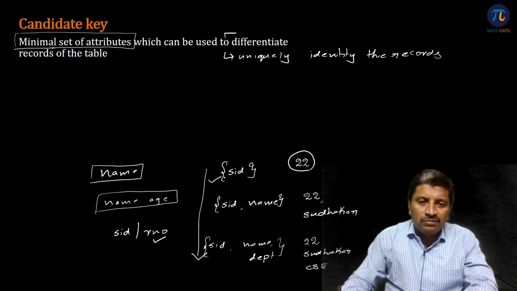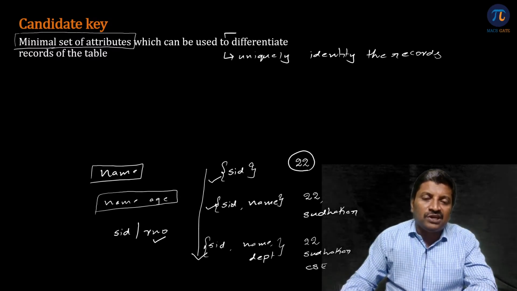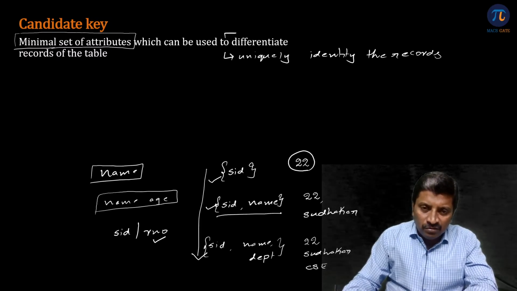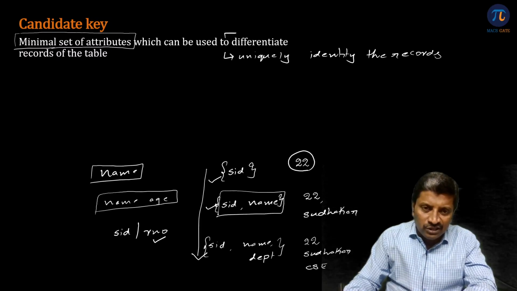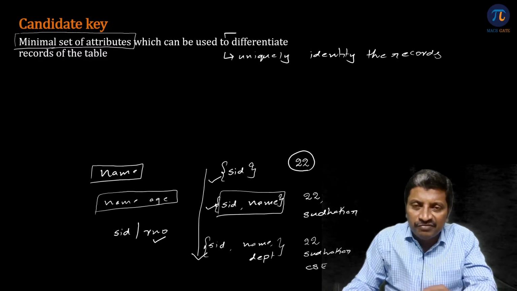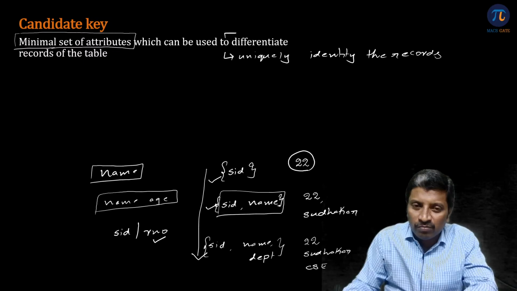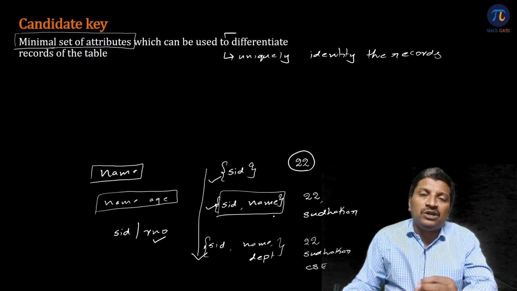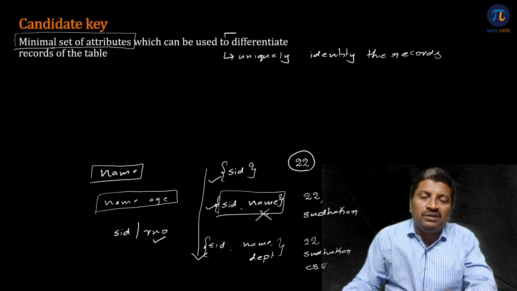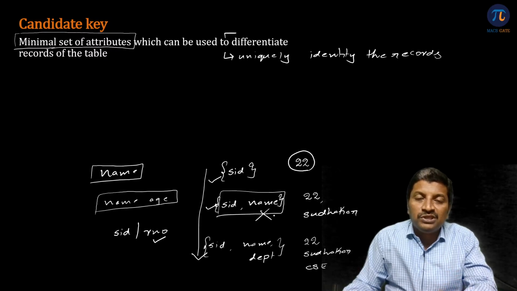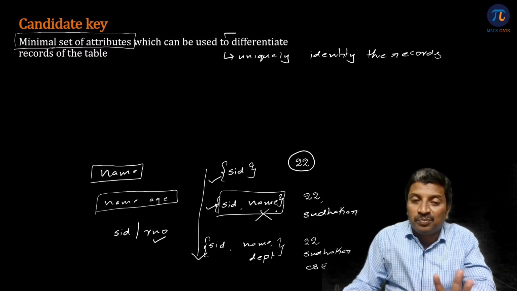Now with this also I can identify. Now the question is, are these two mandatory to identify the student uniquely? Or are both compulsory, sir? No. Even I can do the same job without having the attribute name. So this is not mandatory or compulsory.